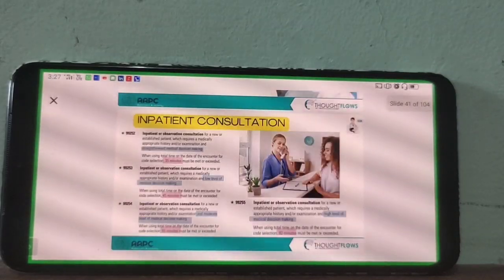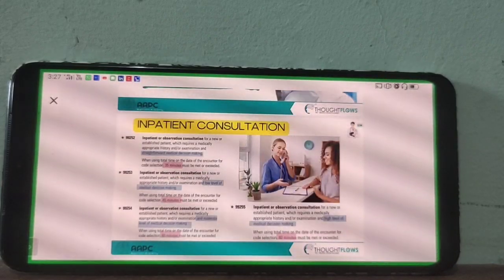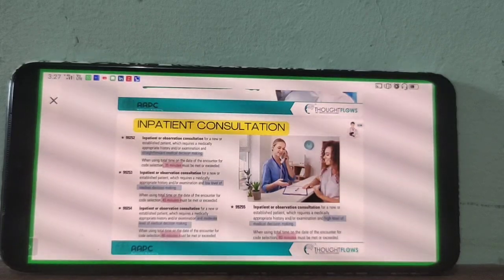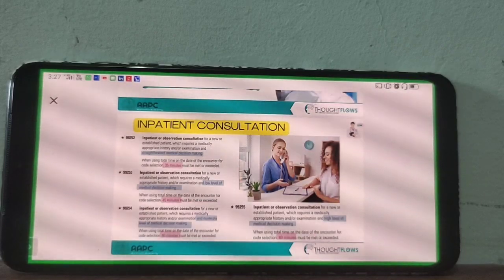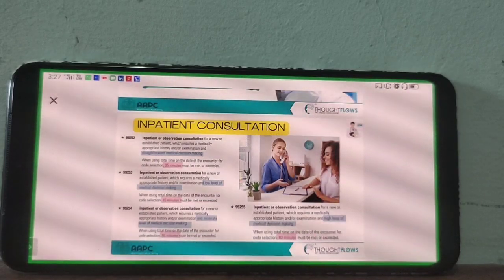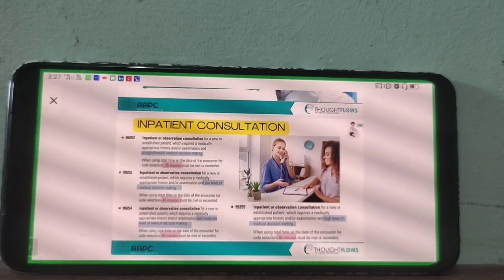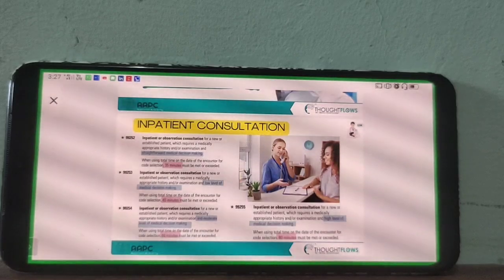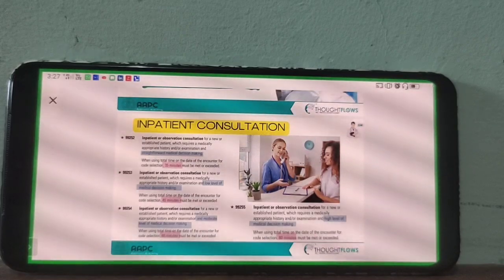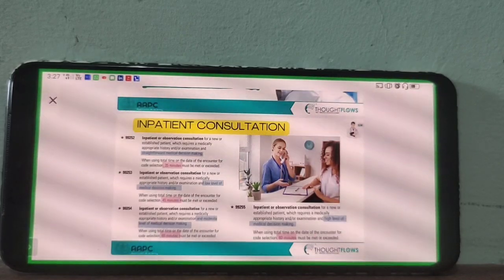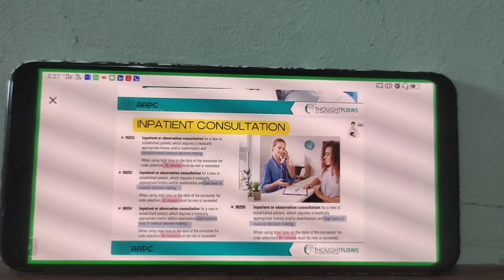The code ranges are 99252 to 99255. 99252, straightforward MDM, 35 minutes. 99253, low MDM, 45 minutes. 99254, moderate MDM, 60 minutes. And 99255, high MDM, 80 minutes. So these are the code ranges for inpatient consultation.